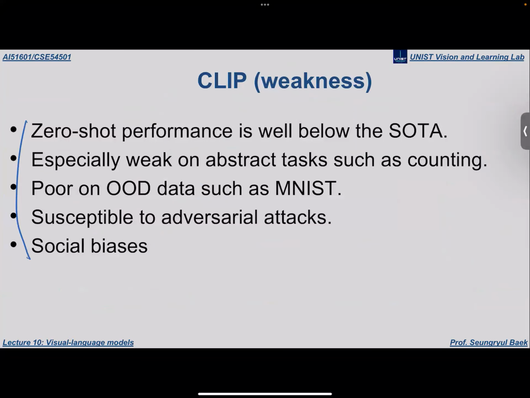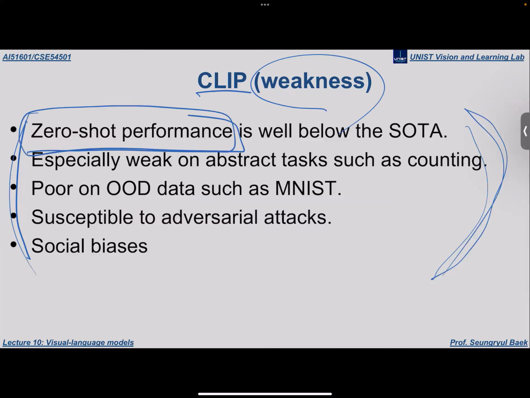And there are also some weaknesses of CLIP, but rather than the weaknesses, I want to emphasize the strengths of CLIP. It's good at zero-shot tasks. The weakness is, of course, that zero-shot performance is below the SOTA algorithms, but in some cases it even beats the state-of-the-art algorithms without training on that distribution data.